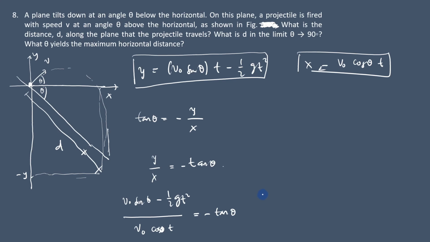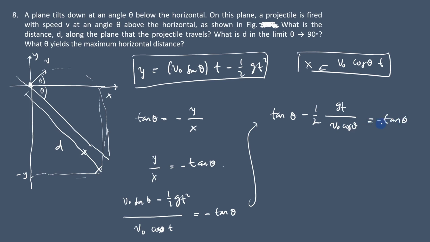And we can simplify this, so that we get 1/2 g t divided by v0 cos theta equals minus tan theta.